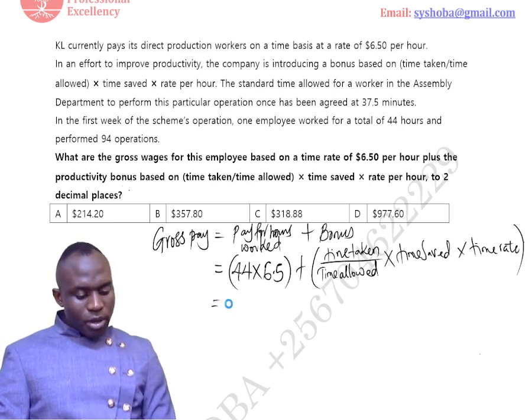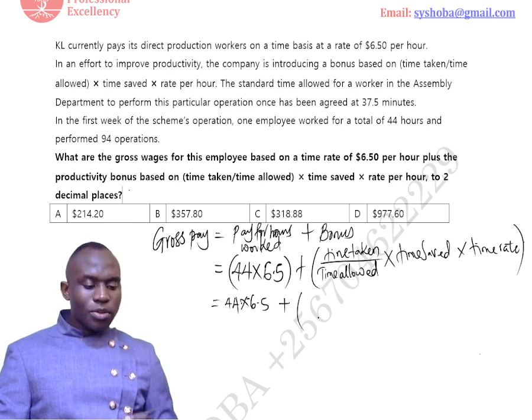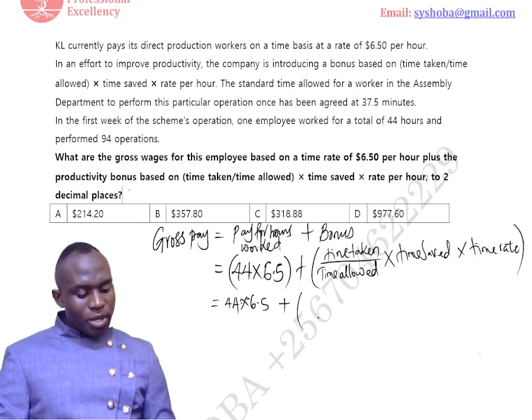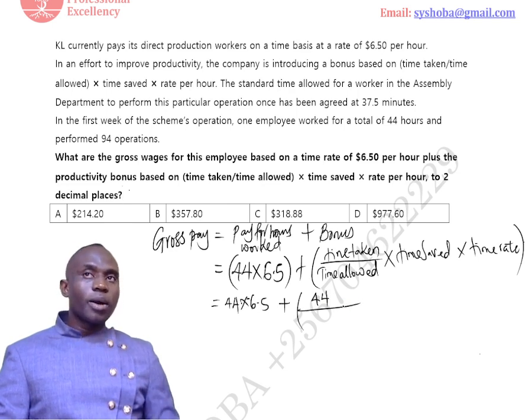So it will be 44 times 6.5, then plus, so what is the actual time taken? He actually used 44 hours divided by time allowed.